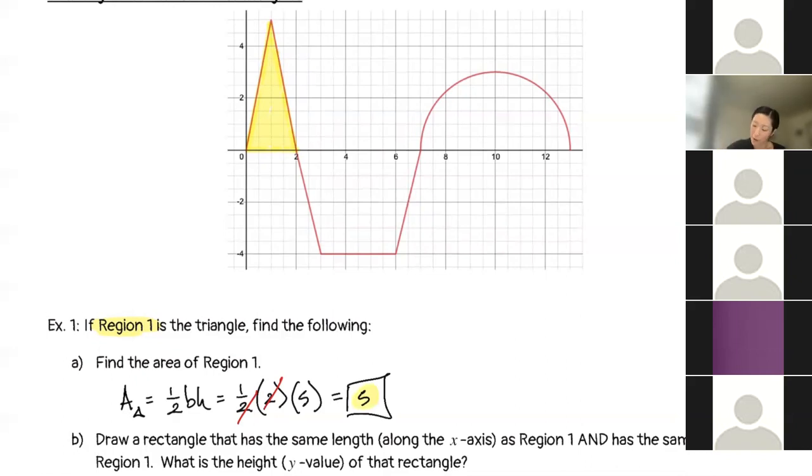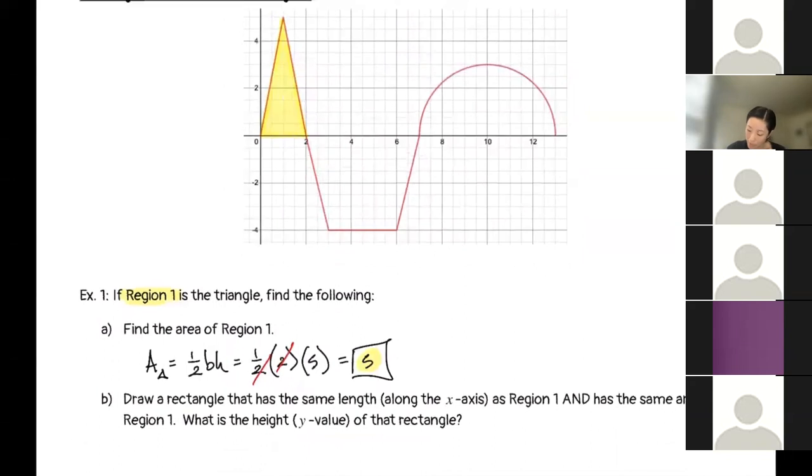Okay, so now let's look at this part B. Part B says draw a rectangle that has the same length along the x-axis as region 1 and has the same area as region 1. What is the height of that rectangle?